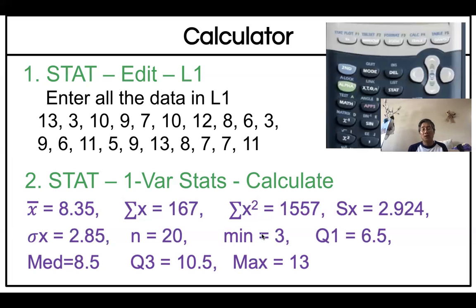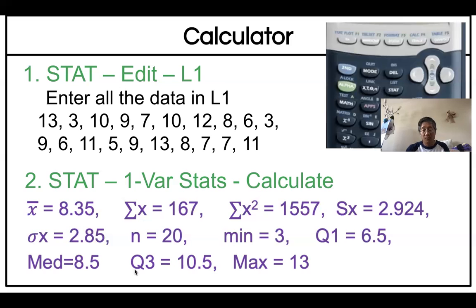Now, minimum, Q1, median, Q3, maximum. You learned the box and whisker plot, right? The box and whisker plot gives you the minimum and maximum. In the middle, you have the median. In the middle between the minimum and the median is the first quartile. Also, the middle between the median and the maximum is the third quartile.